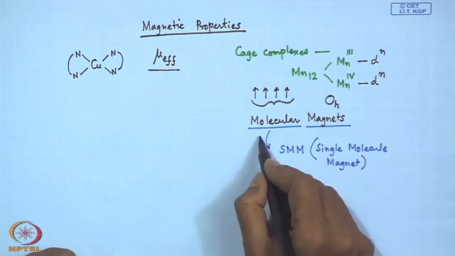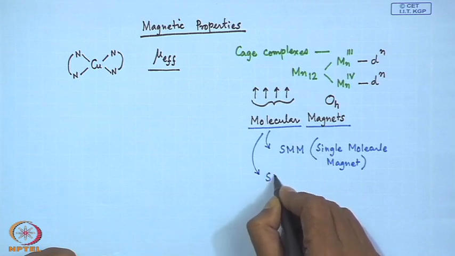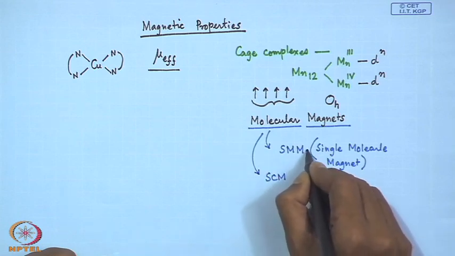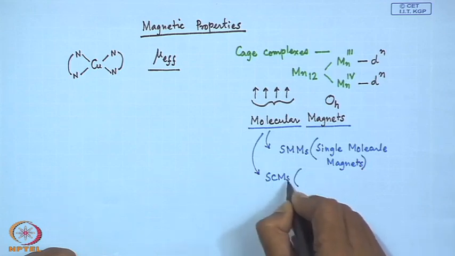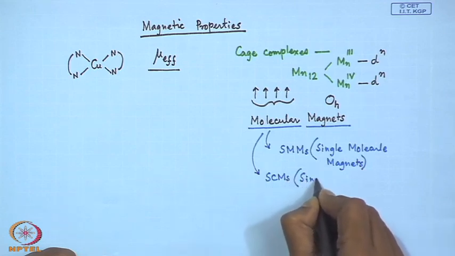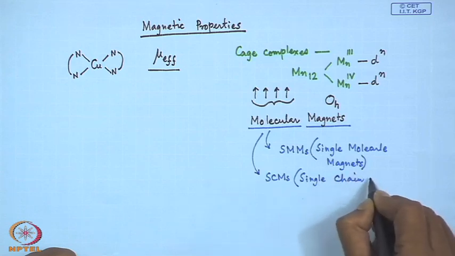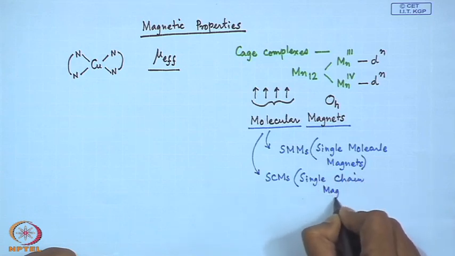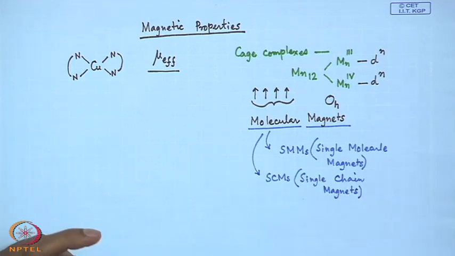and also we can have SCMs, which are single chain magnets.